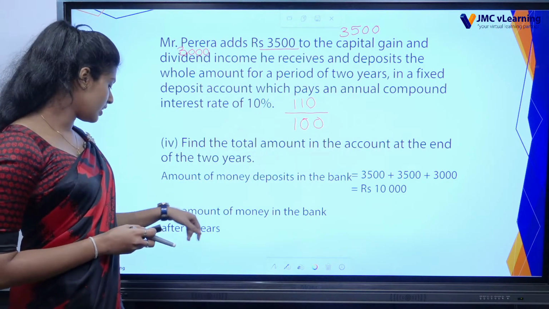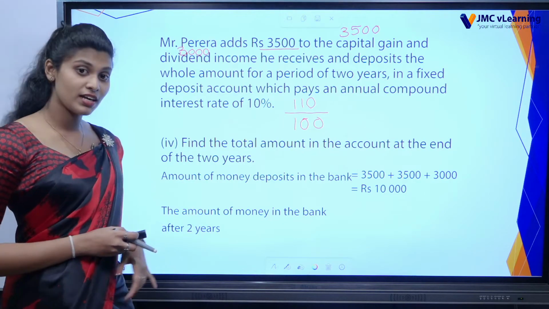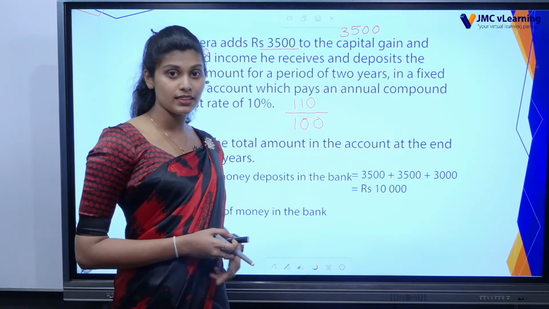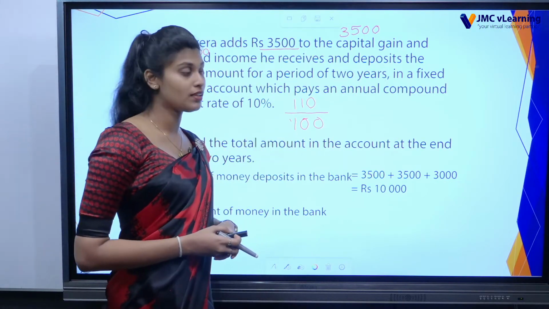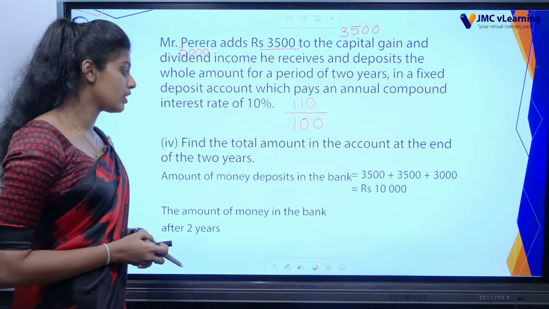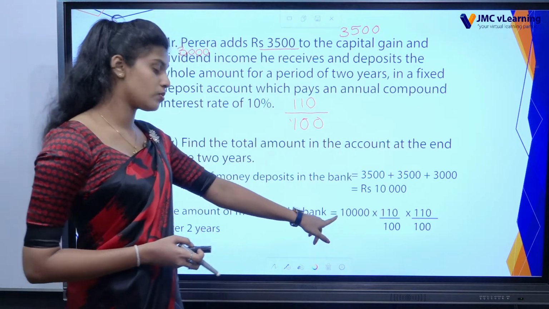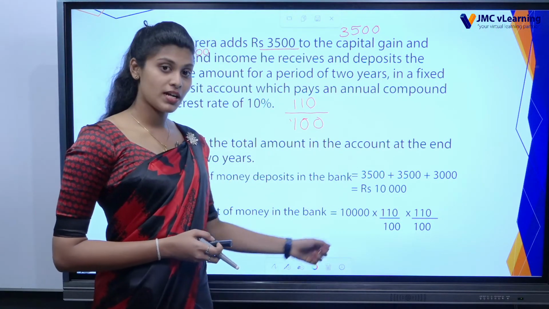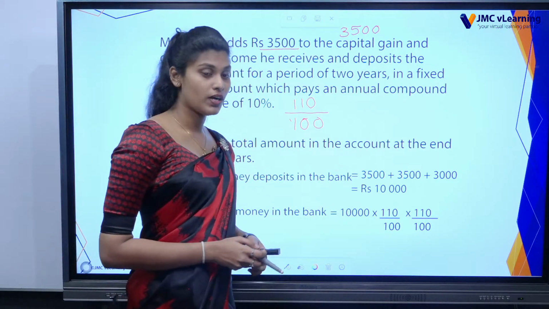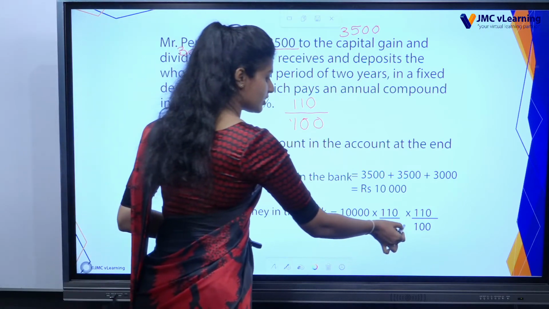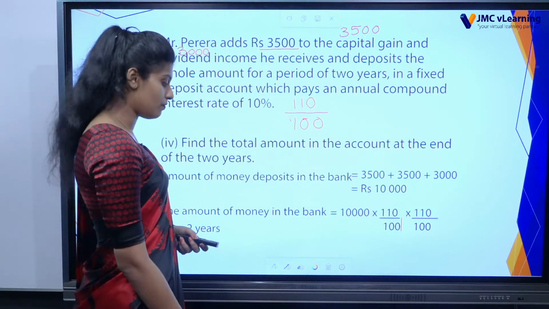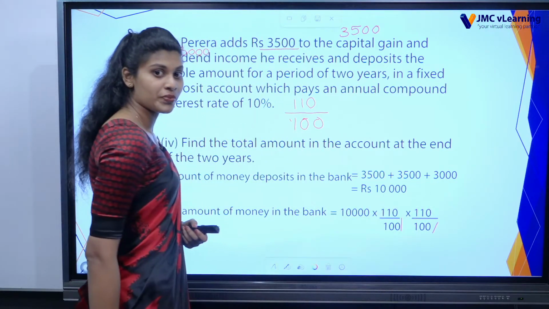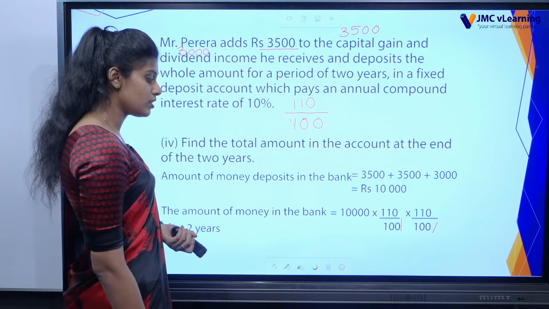But here we have to find the money after 2 years. So you have to multiply this 10,000 two times with 110 over 100. That means 10,000 multiplied by 110 over 100 multiplied by 110 over 100. After multiplying this one, you can take the value after 1 year. Then after taking this one, you can take the value after 2 years.